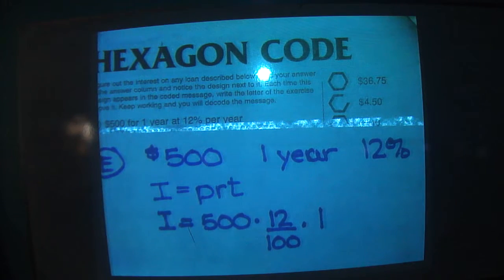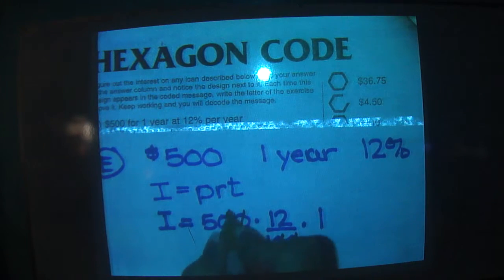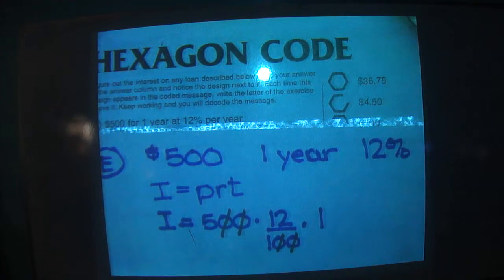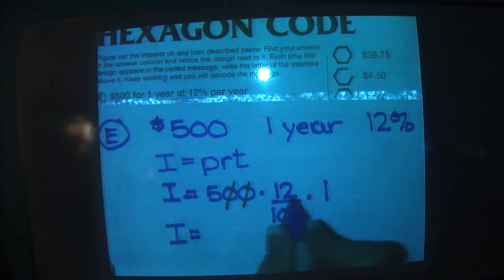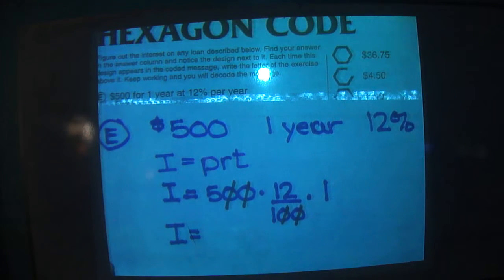Can I simplify this? Yeah. Good. I can simplify by 100. 2 zeros go away here, 2 zeros go away here. So the interest we're going to be paid, interest equals, what's 5 times 12 times 1? 60 bucks. And there it is.